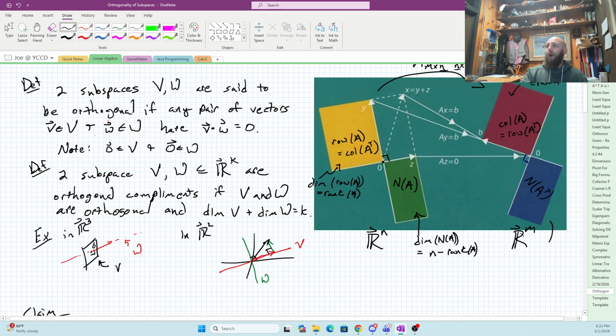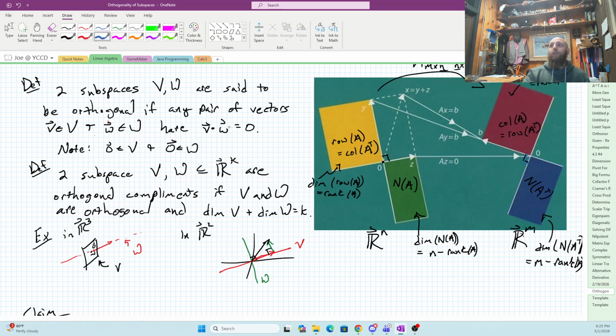Now, this blue box down here, the dimension of the null space of A transpose, is equal to m minus the rank of A. So that space is possibly a different size than the green space.